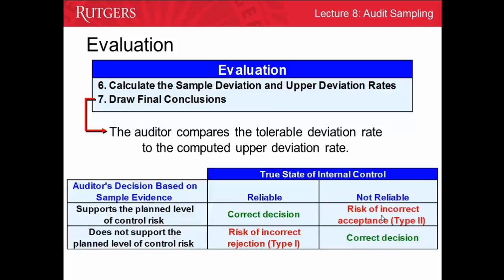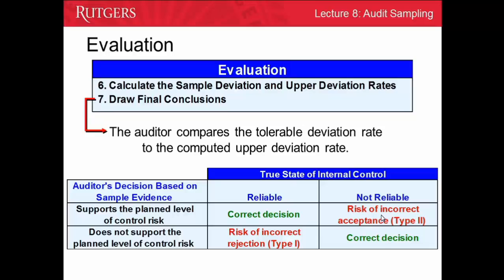This table shows the auditor's risk when evaluating sample evidence on the planned level of control risk. If the evidence supports the planned level of control risk and the internal control is reliable, the auditor has made a correct decision.